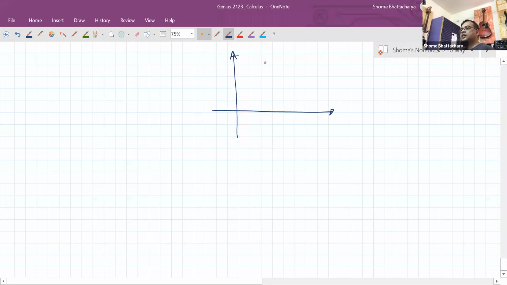Now, if you have a vertical line, this line would be x is equal to something, let's say x is equal to 2. What is the slope of this line? It's tan 90 degrees, no? So it is undefined. Yes, sir.